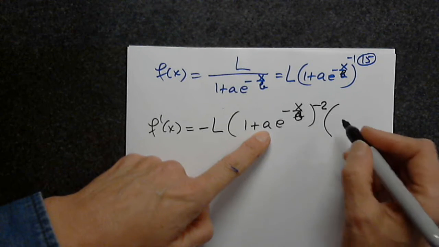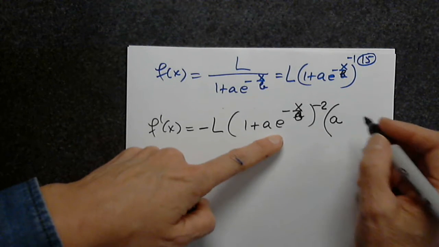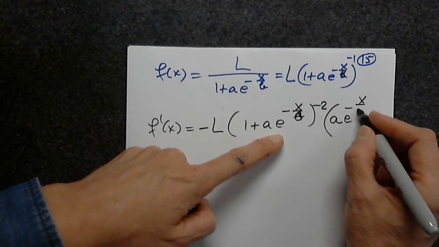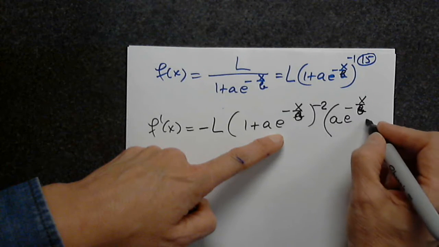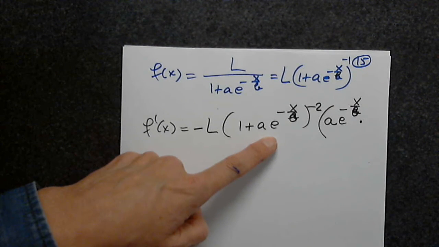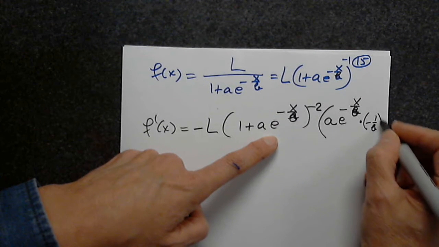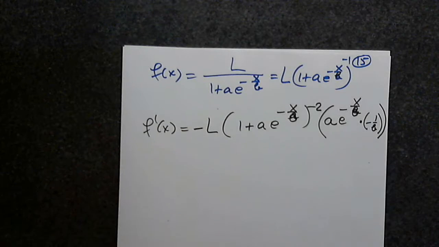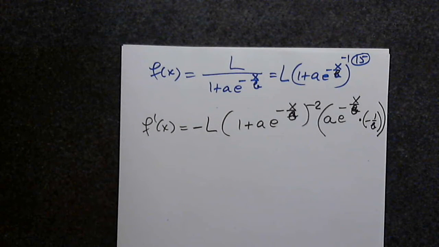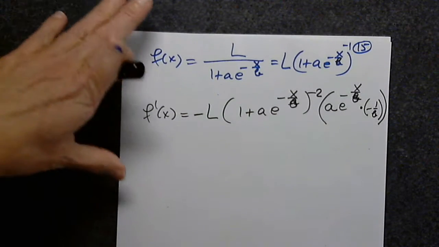A is a constant but stays. I have e to negative x over b, and multiplied by -1 over b, in parentheses.